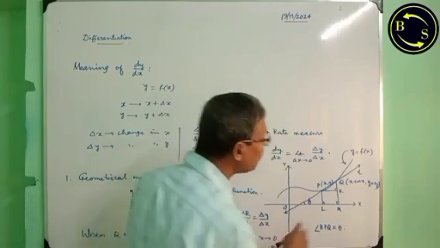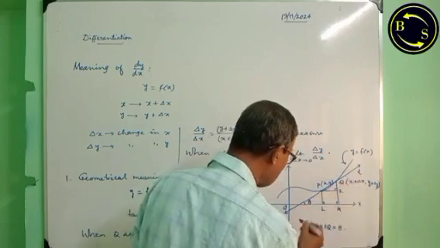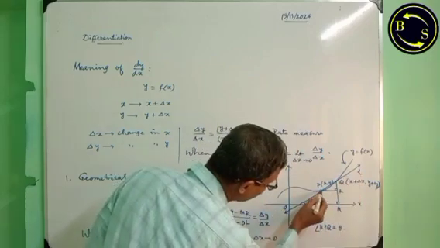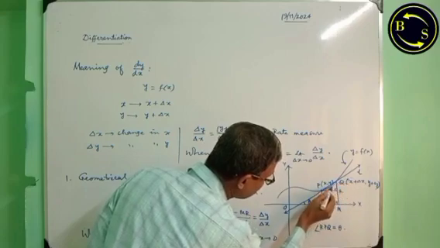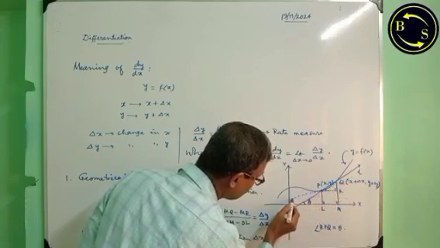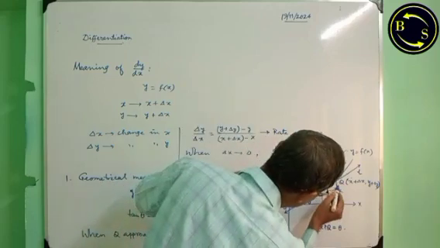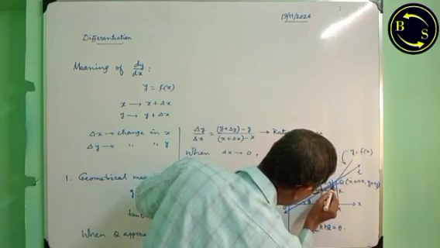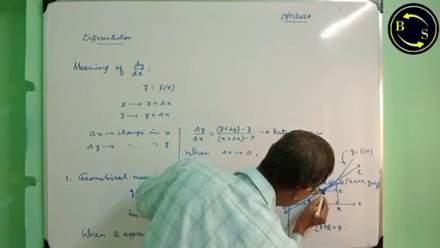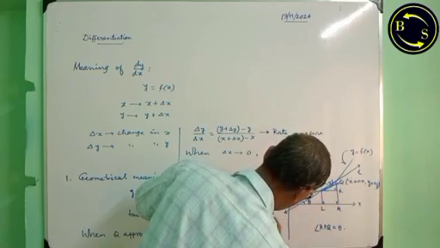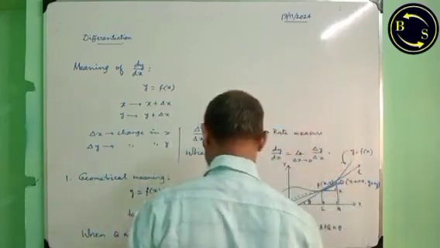You see, when Q approaches P, that means the straight line will be like this. This straight line will be a tangent.